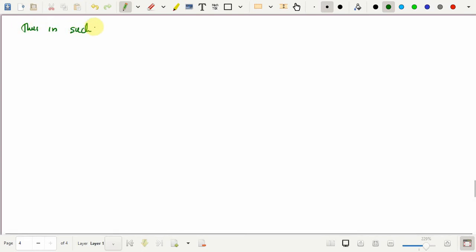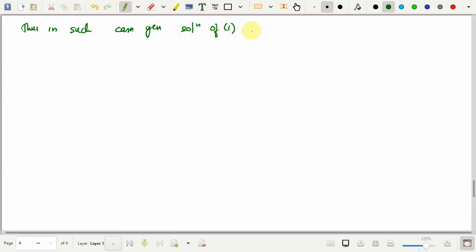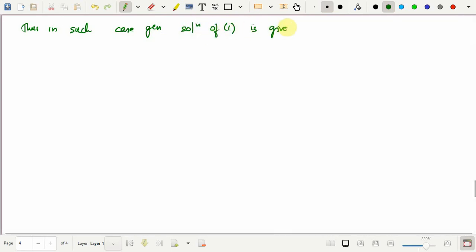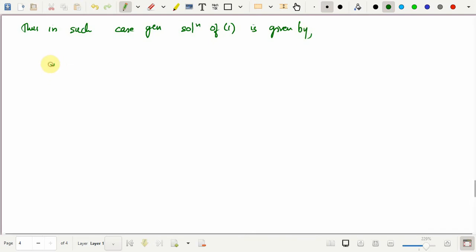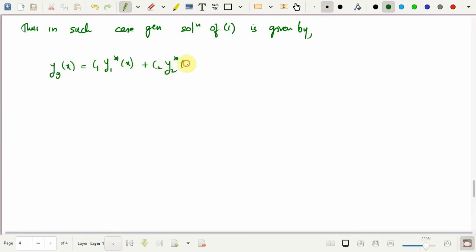Now we have the general solution. Thus in such a case, the general solution of 1 is given by yg of x is equal to c1 y1 star of x plus c2 y2 star of x, and you can in fact check this out.